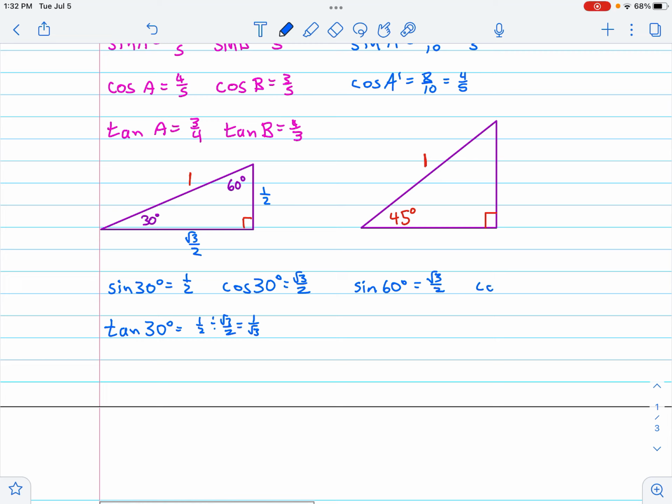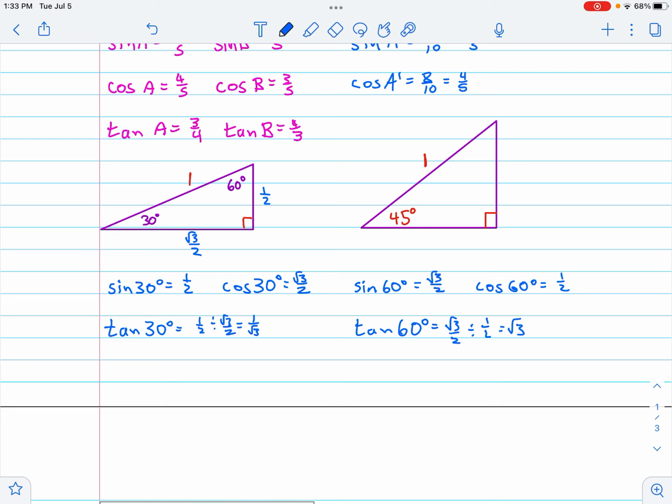The cosine of 60 degrees is adjacent over hypotenuse, and the tangent of 60 degrees is square root of 3 over 2 divided by 1/2, which is just going to be the square root of 3.